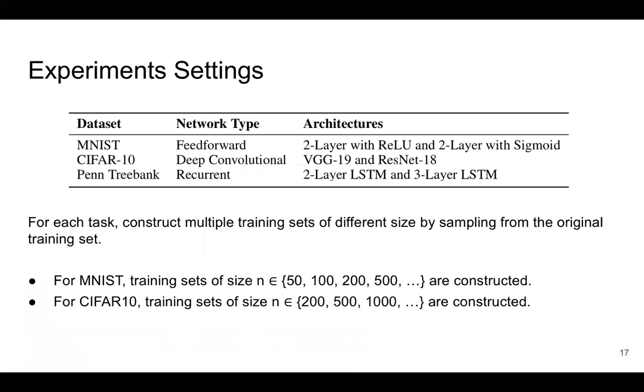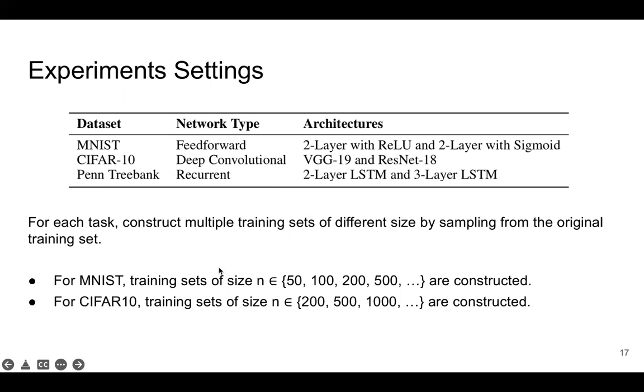Here is the experiment setting. They only evaluated the mini-batch SAGD over several deep learning models against the population optimization method. They consider several tasks: classification tasks like MNIST and CIFAR, and a language model task, Penn Treebank. They consider different networks: feed-forward, deep CNN, and recurrent neural networks.